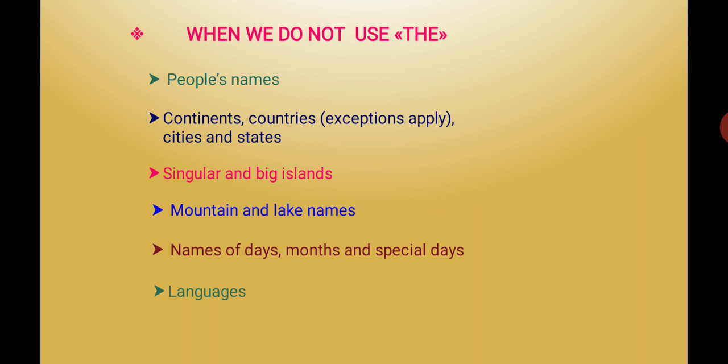The next is languages. We cannot use the before languages. There are so many languages spoken in India, right? And all over the world, so many languages. But we cannot use the before languages. Sports. What are the sports? Cricket, football, volleyball, kho kho, kabaddi, hockey.